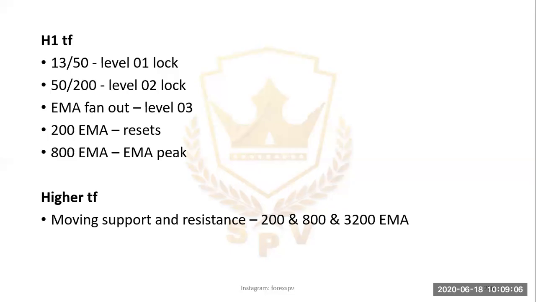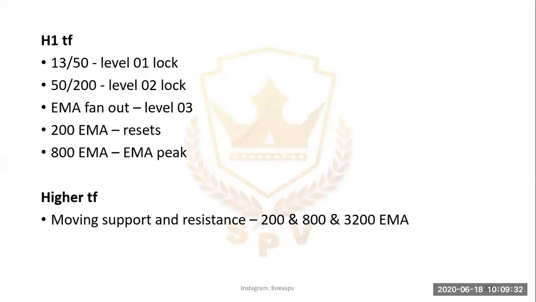So if the market maker cycle is in level 3 and you see the EMAs have fanned out, separated from each other, then that indicates that now this is level 3. And the 200 EMA on the hour 1 simply is an area where peak resets occur. The 800 EMA is an area where peaks occur, and we call it the EMA peak.